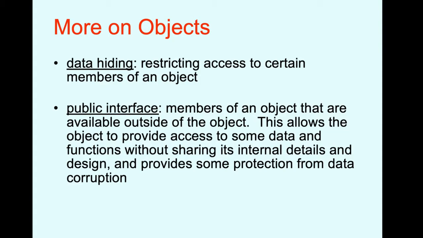Like in the previous example, the ATM, the customer, the technician, and the bank. All these are objects, but when they are interacting with each other, they only interact through functionality, like withdrawing some amount.